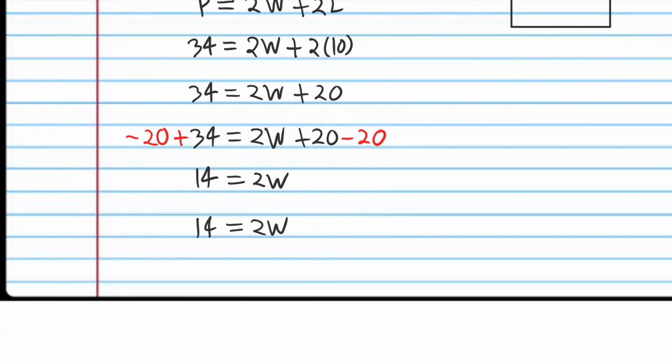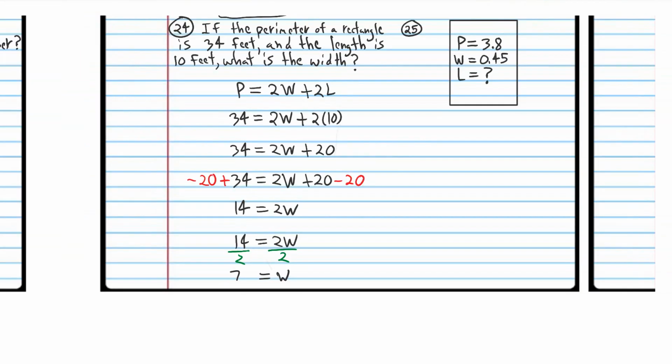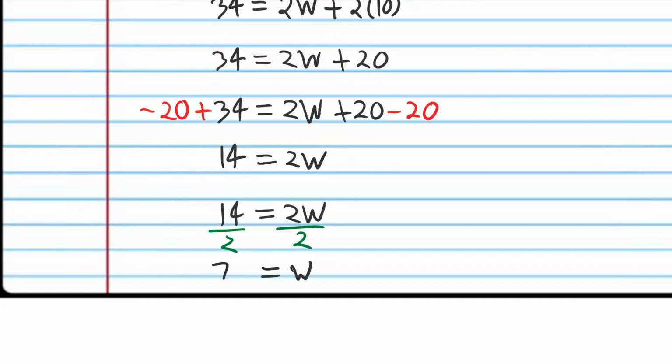And we'll get out the green pen and divide both sides by 2, and you get 7. And what are the units? The units are feet, so 7 ft. That's the abbreviation for feet. So if you got 7 feet, good job.